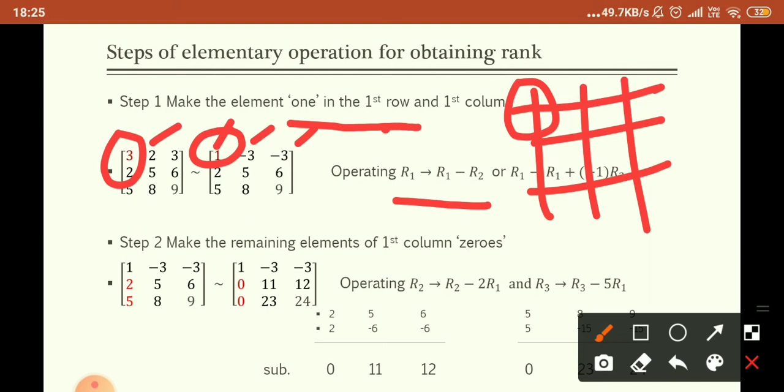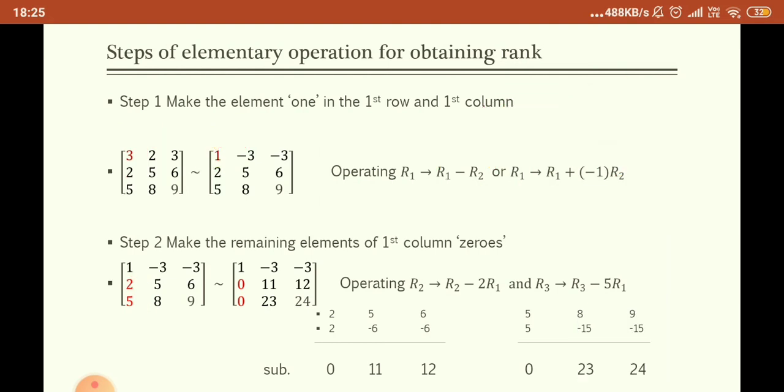The first step is to make the first row first column element 1. The second step is to make the elements below this 1 equal to 0. So we have to make these two elements, in red color, 0 by the three properties, the three transformations that we have done. So we will use here the third transformation, that one row can be added or subtracted, because adding a negative number means subtracting.